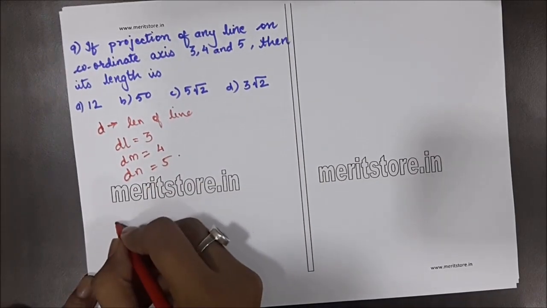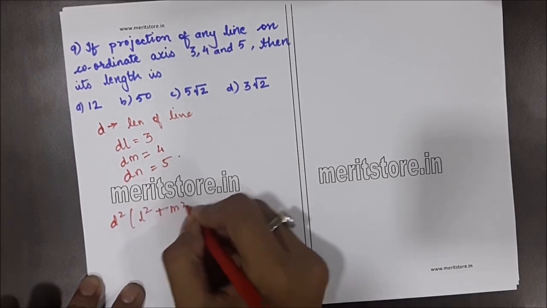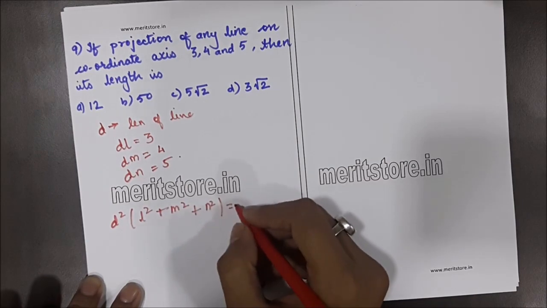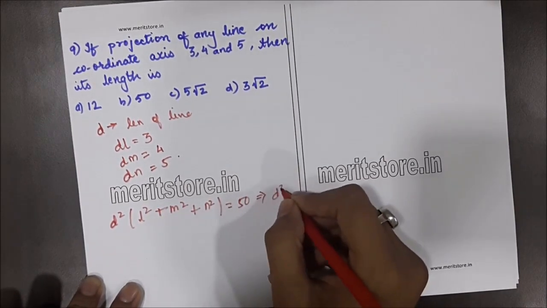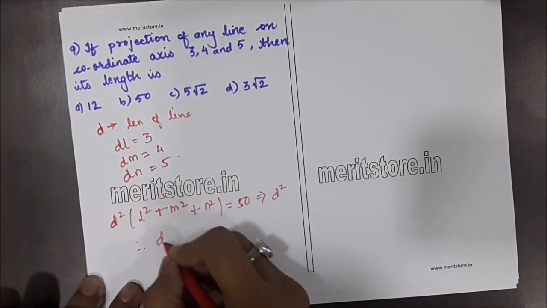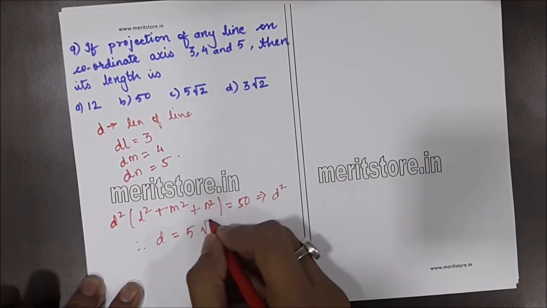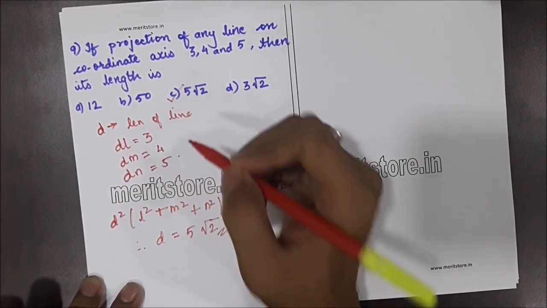Now, putting the formula d square is equal to l square plus m square plus n square, it results in 50, which is equal to d square. Therefore, we get d is equal to 5 times root 2. So, the correct answer is option C.